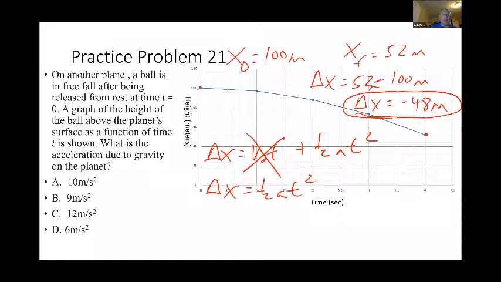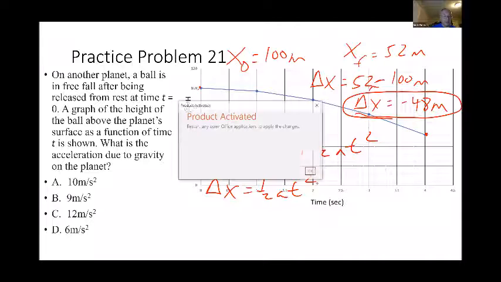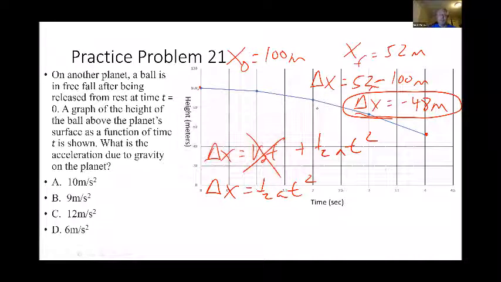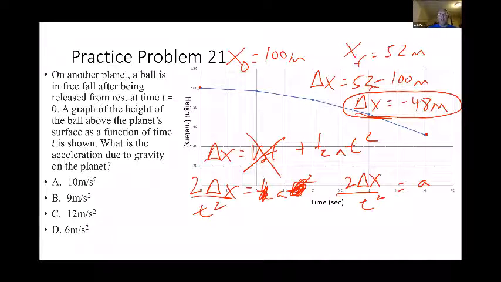Let's solve that for acceleration, which in this case will be the acceleration due to gravity on that planet. So multiply both sides by 2. That'll cancel this out. Divide both sides by t squared. That'll cancel this out. So we end up with acceleration equal to 2 delta x over t squared.